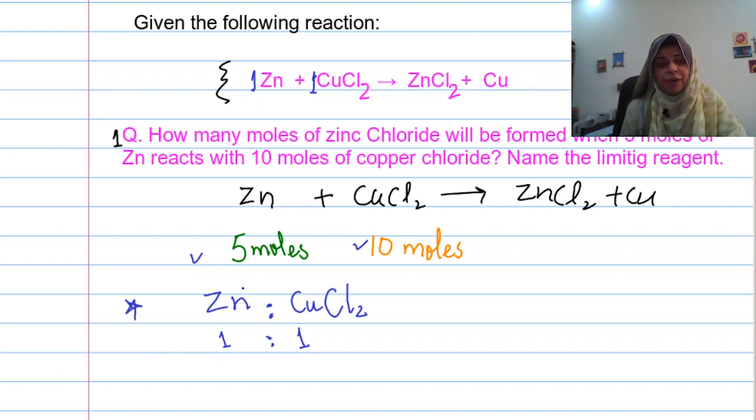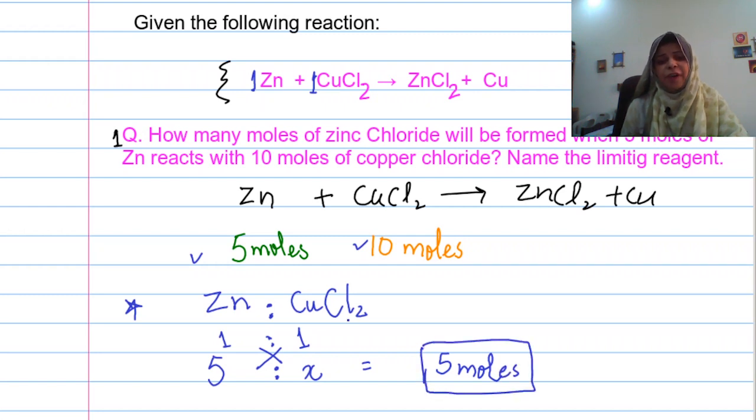So if we have 5 moles of zinc, I will write it here, 5 moles of zinc, then how many moles of copper chloride will be required? Copper chloride will be 5 moles. So for 5 moles of zinc, we require 5 moles of copper chloride. But how many moles of copper chloride are there? 10.